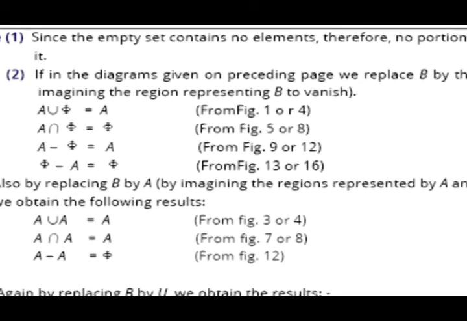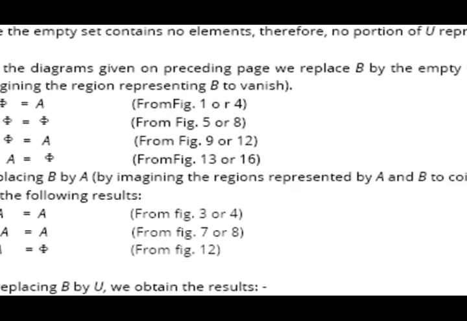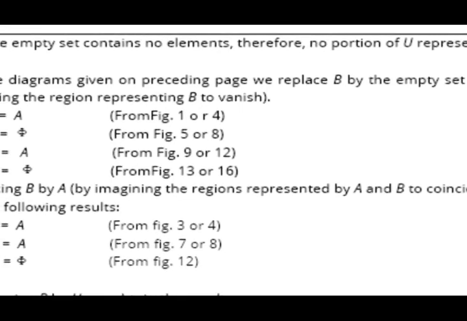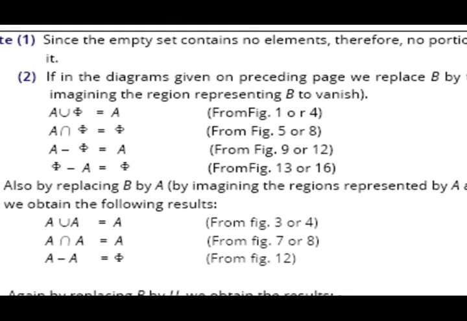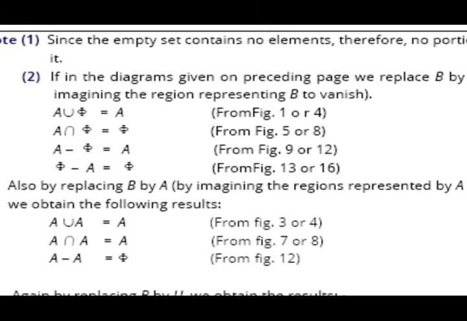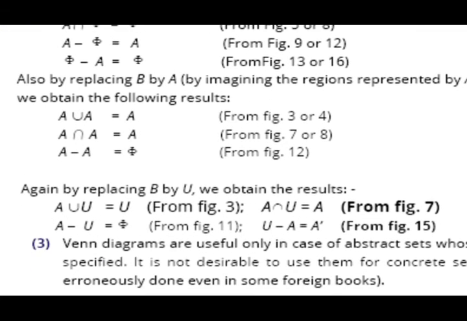If in the diagram given on the preceding page we replace B by the empty set, imagine the region representing B vanishes, then we get the results. A union empty set is equal to A, A intersection empty set is equal to phi. A minus empty set is equal to A, empty set minus A is equal to empty set.